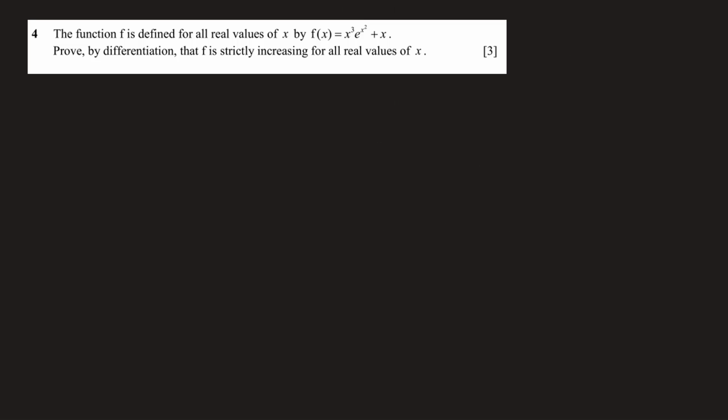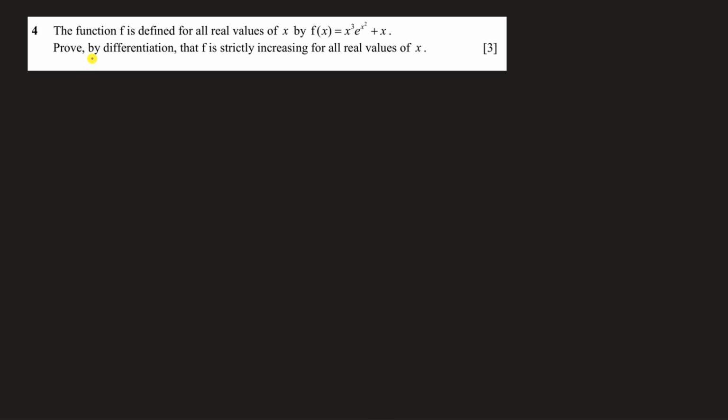Final question of this video, slightly more interesting. We actually have to do some application here because they say prove by differentiation f(x) is strictly increasing. So what this means is for the graph to be strictly increasing, like this, or like this is fine, right? This is, however, not strictly increasing because it goes up and it comes down.